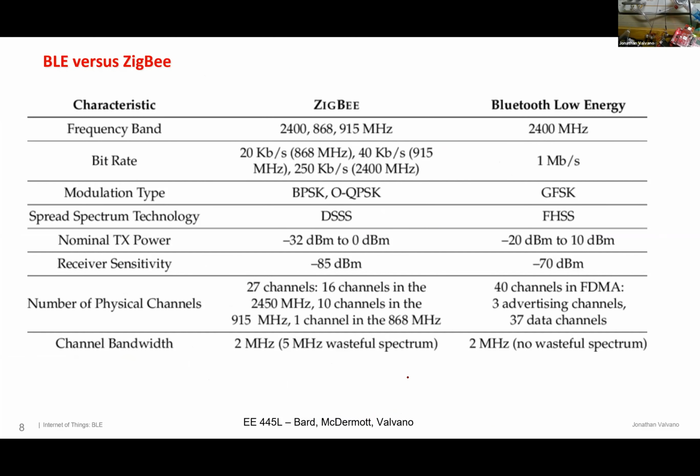We didn't do Zigbee, but we can compare it to Zigbee. This is frequency hopping here. Zigbee doesn't have to be in 2.4 gigahertz, but it could be. It could be down in the 915 megahertz, depending on how you initialize it. But you can see the bit rate, how many bits per second, is slower than BLE, and the encoding is different.